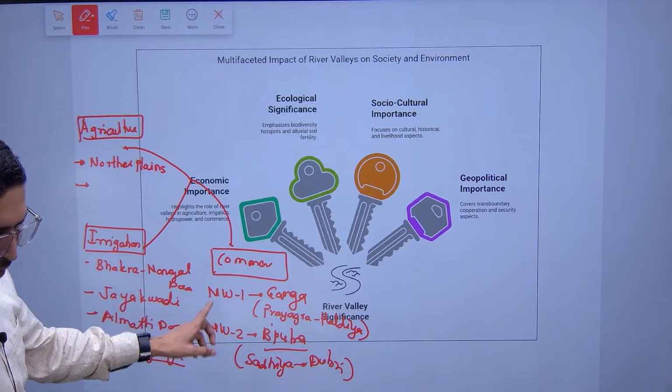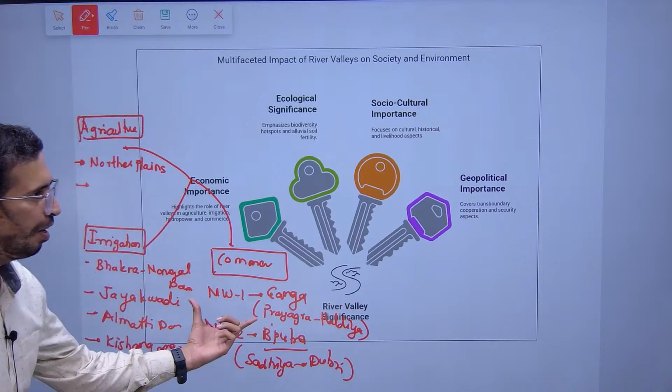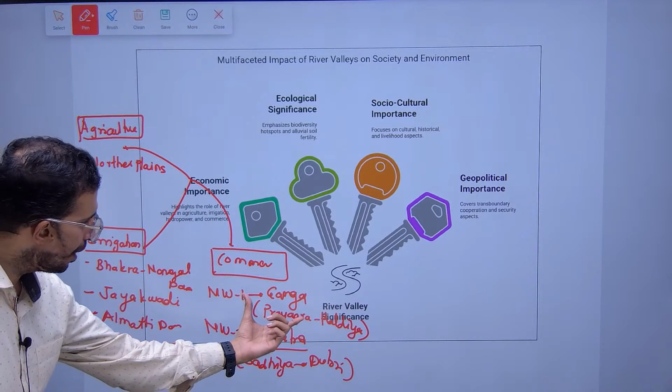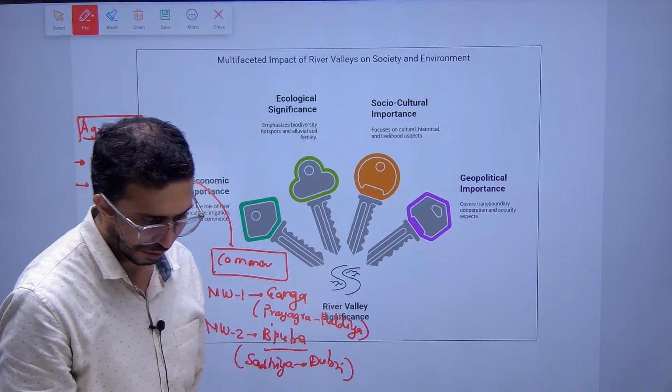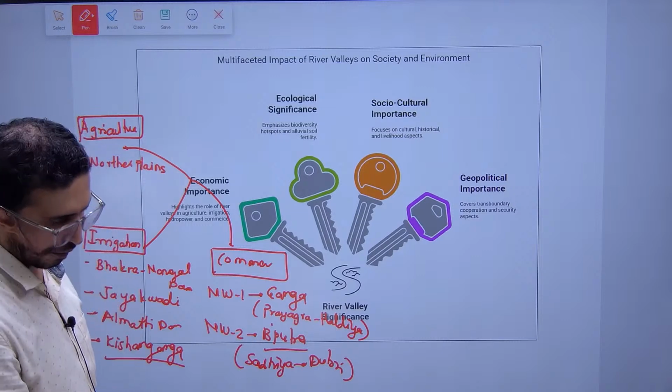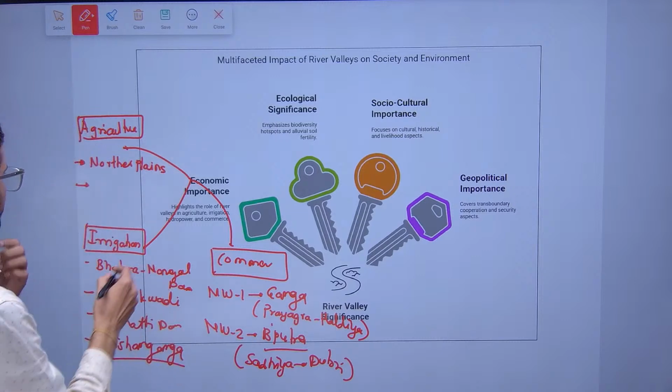So for commerce and trade purposes, national waterway 1 is on the Ganga river, national waterway 2 on the Brahmaputra river. Yes, this is the economic importance.